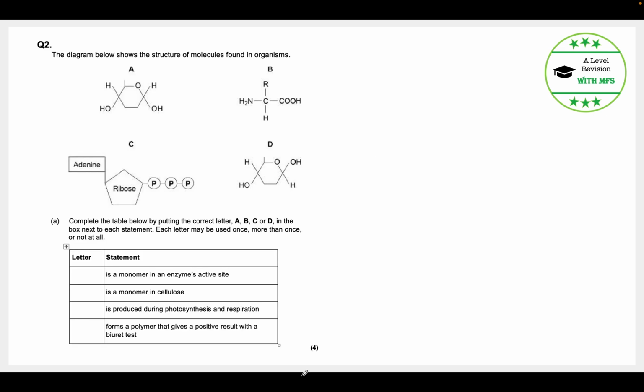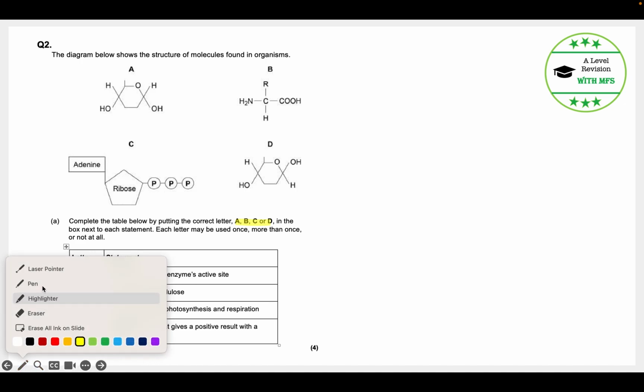If you have a look at another question over here, the diagram below shows the structure of molecules found in organisms. Complete the table below by putting the correct letter A, B, C or D in the box next to each statement. Each letter may be used once, more than once, or not at all. So the first statement is that it's a monomer in an enzyme's active site.